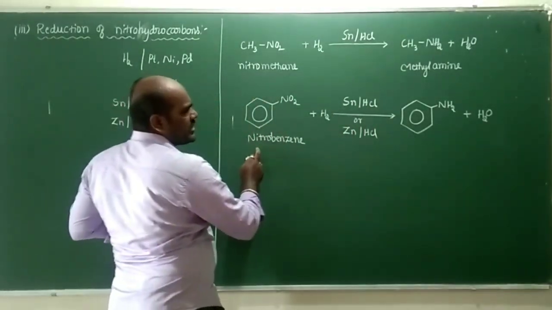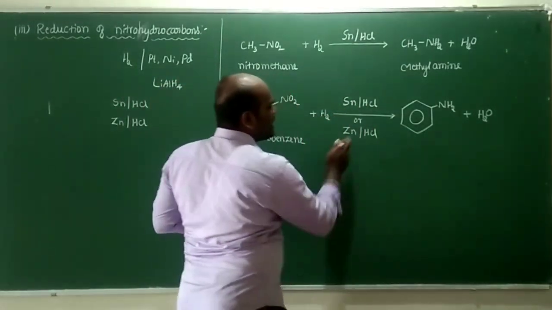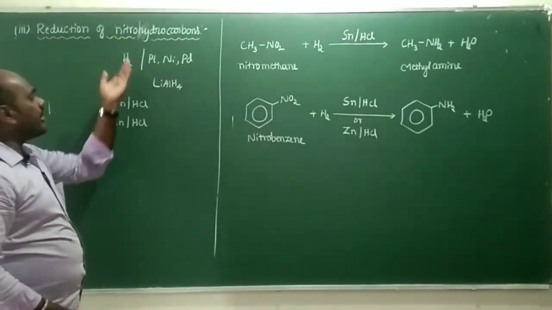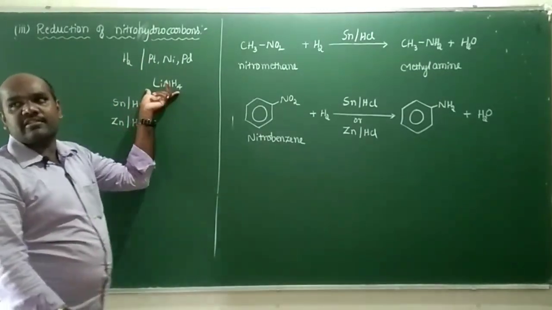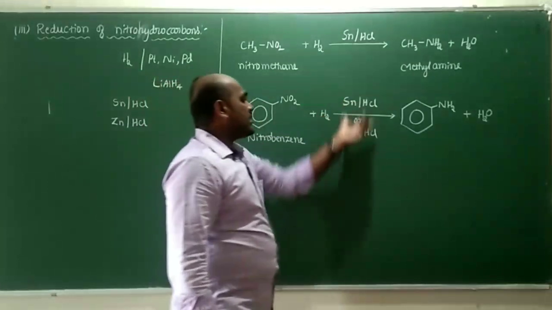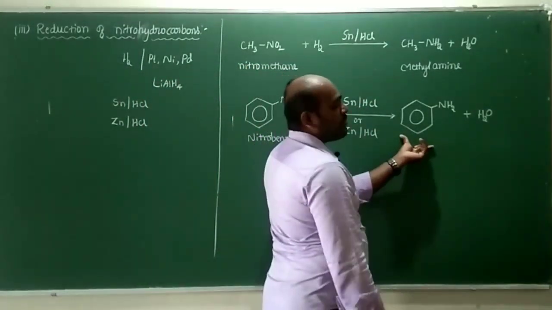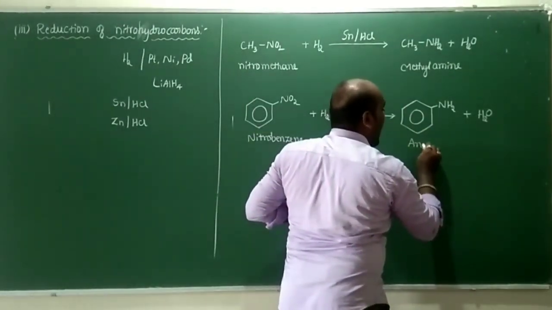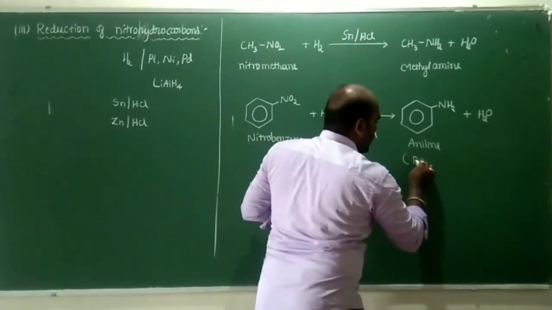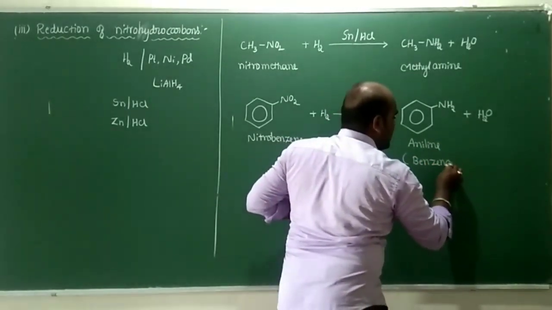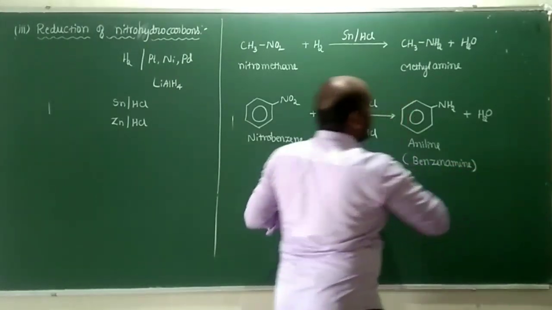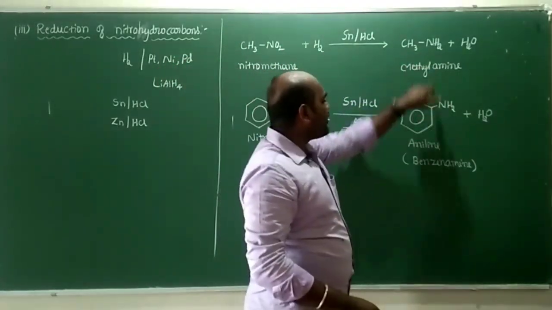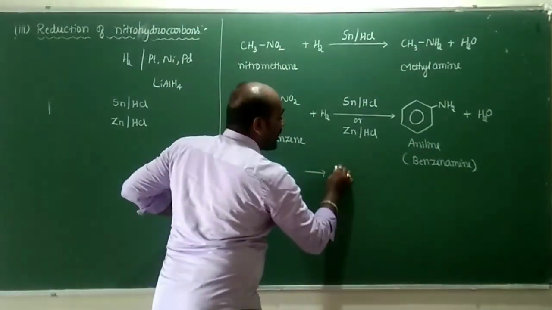That means nitrobenzene on reduction in presence of tin and HCl or zinc in HCl, or you can use reduction in presence of platinum, palladium or nickel, or you can go with a strong reducing agent such as lithium aluminum hydride, or else you can use these things also so as to get the corresponding amine. And here nitrobenzene is producing aniline, or you can call it as benzene amine. So you can notice over here the nitrohydrocarbons on reduction preferably producing primary amines.